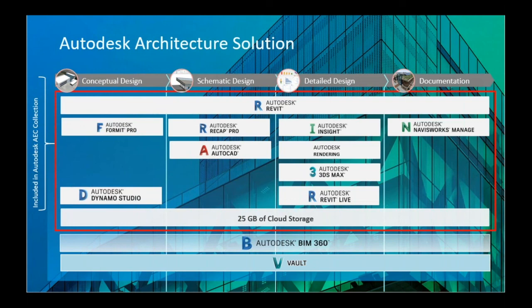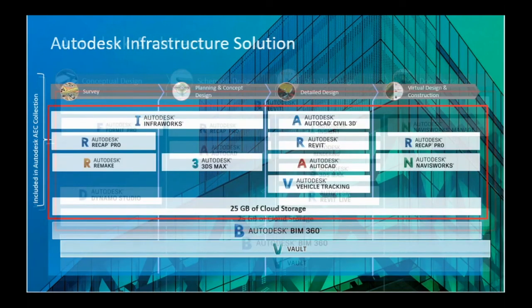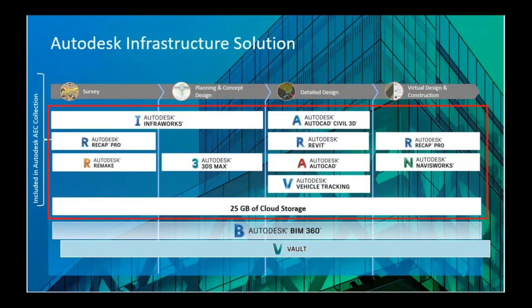For the infrastructure industries, Infraworks would be the tool with Civil 3D. Vehicle tracking as well is an excellent tool for swept path analysis. And yet again, we can push that to the cloud with BIM 360 and collaborate and manage the project further.